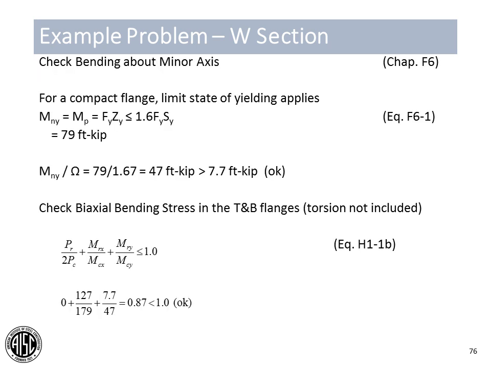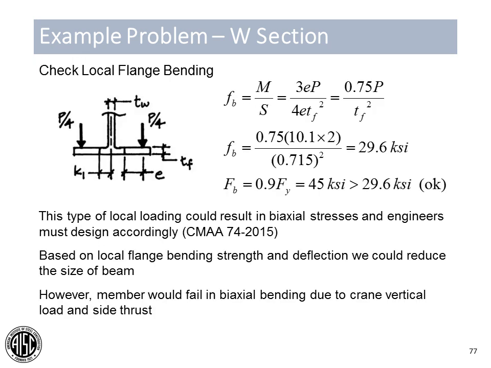We'll then look at the weak axis bending, come up with our nominal weak axis moment of 79 kip-feet, our allowable weak axis moment of 47 kip-feet, and then we'll check biaxial bending of the top and bottom flanges, not including torsion in these instances, using equation H1.1-1b, since we do not have any axial load that we're accounting for. We're not including the end stop forces in this example. And our combined strength ratio is 0.87. So we meet the criteria for strength.